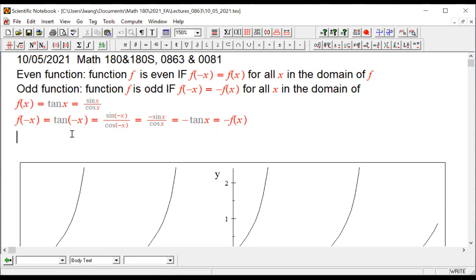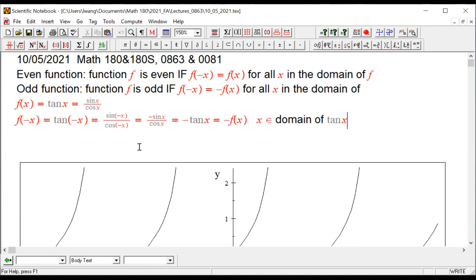So from here, you can tell, of course, x must be in the domain. What's the domain of tangent? It cannot equal (2k plus 1) times pi over 2.